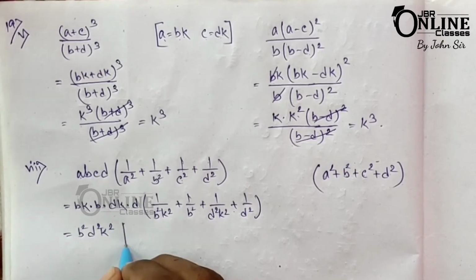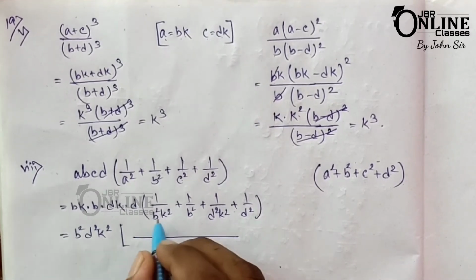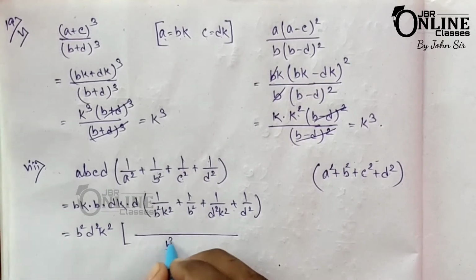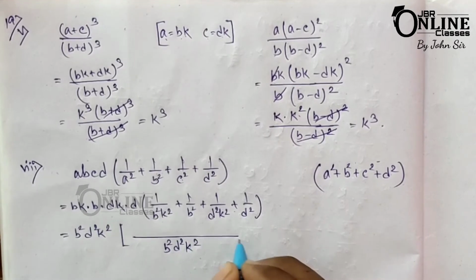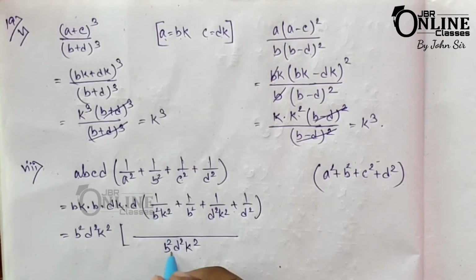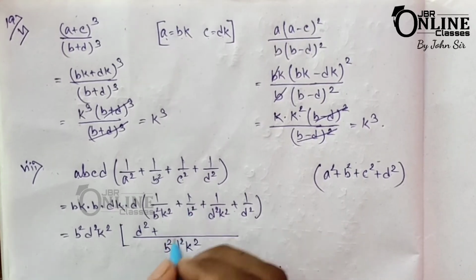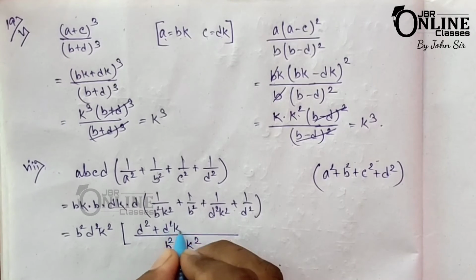So now here the denominators are b square k square, b square, d square k square and d square, so the LCM will be b square d square k square. Here b square k square, if you divide it by the LCM, then it will be only d square. Next one here only b square, so b square cancels out, so d square k square.